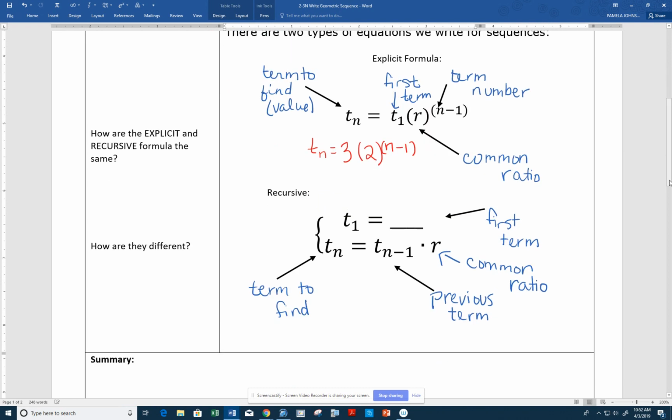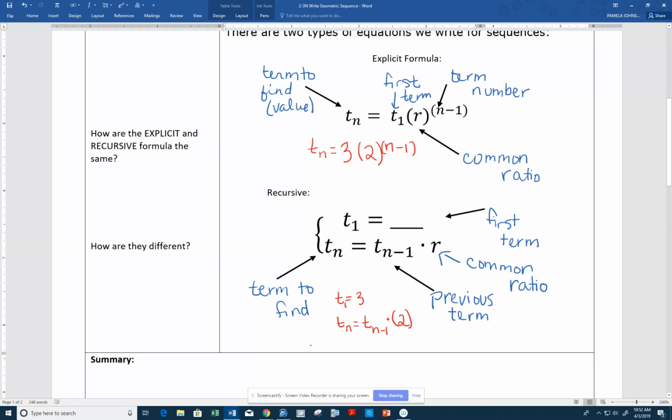If I look at my recursive formula, again, my T sub 1 is 3. My T sub n is going to be T sub n minus 1 times 2. So whatever the previous term was, times 2.